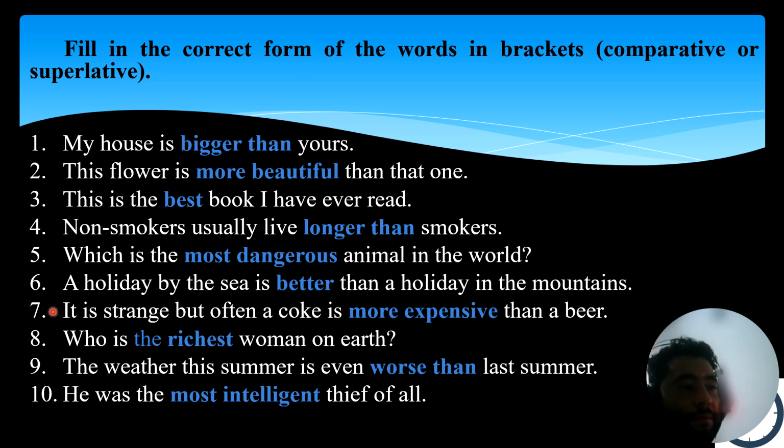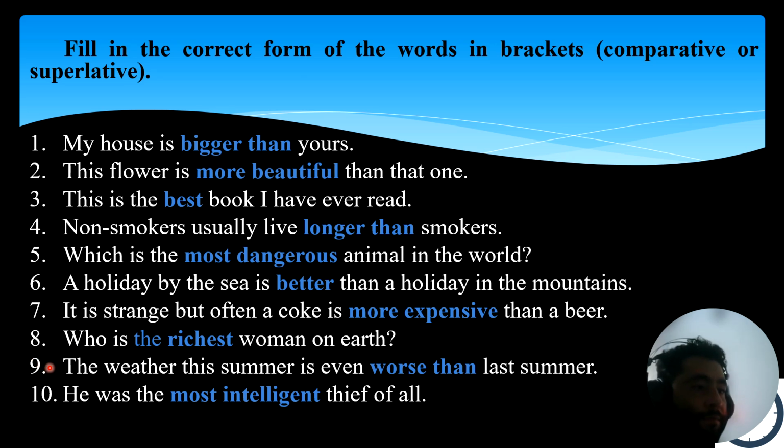Number seven, it is strange, but often a Coke is more expensive than a beer. We talk about two drinks in this case, a Coke and a beer. Number eight, who is the richest woman on earth? In this case, we talk about one person, but the richest woman in a group, in this case, on earth.